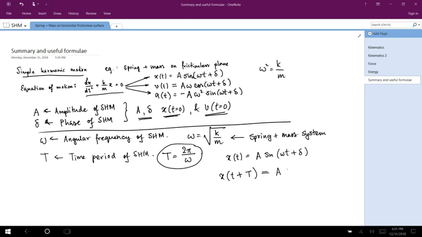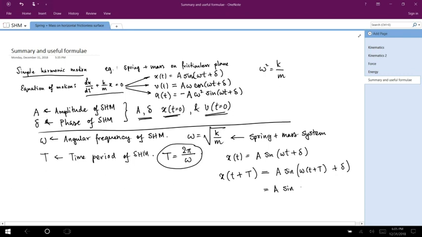So the above equation is just going to give us A sin(ω(t + T) + δ), and then we can plug in T equals 2π over ω.